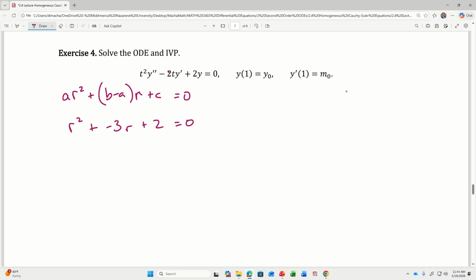So if this is a minus 1, then this becomes negative 2, and now what are my values of R? My discriminant is going to be negative 2 squared minus 4 times 2, which is 4 minus 8, negative 4.